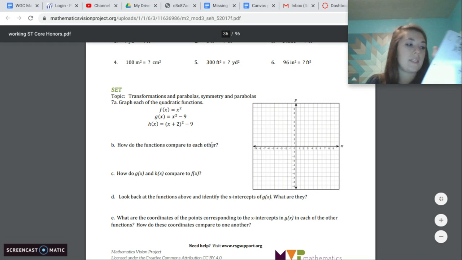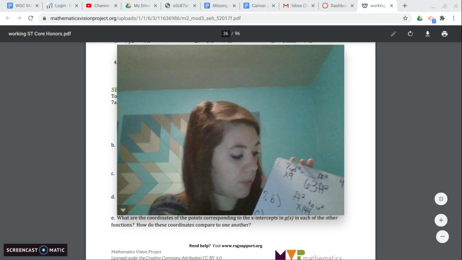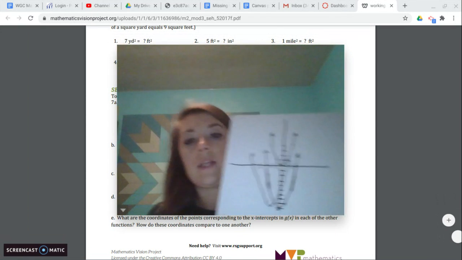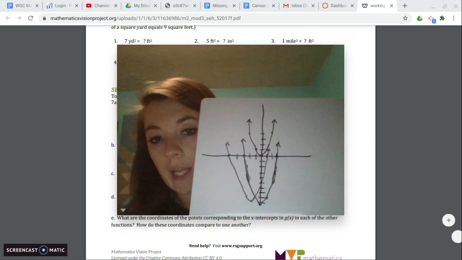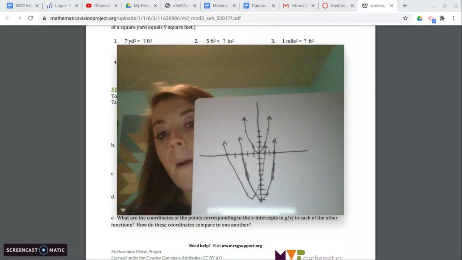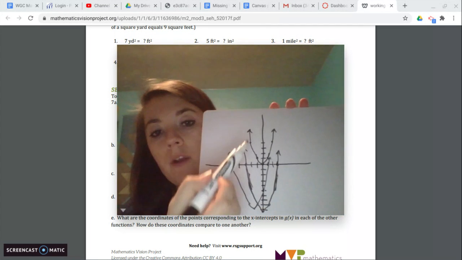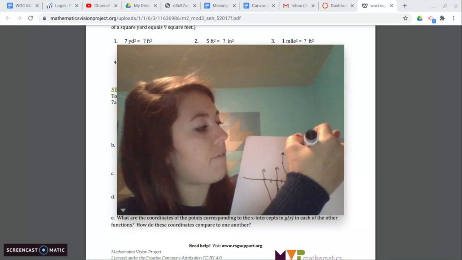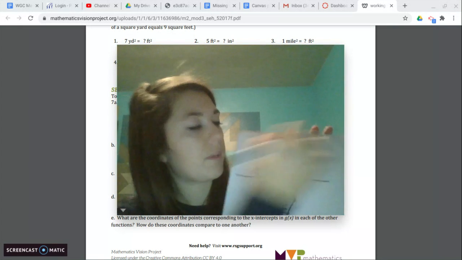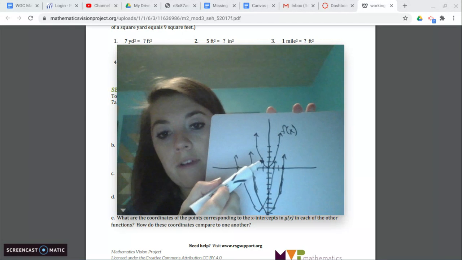And then same idea. So in the end, what this should look like approximately, like I said, mine's not perfect because I didn't have exact grid lines here. It's a rough sketch. But this function right here, this is our f of x. So there's our parent function.